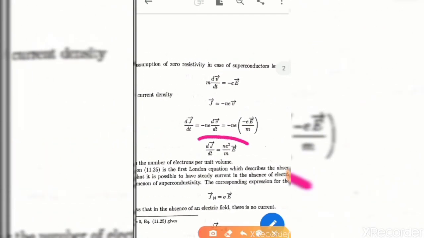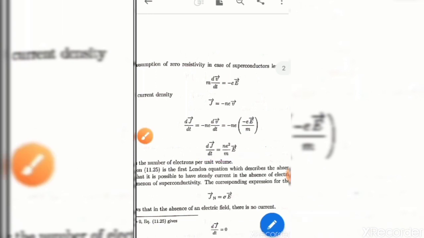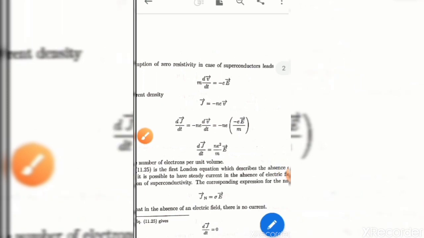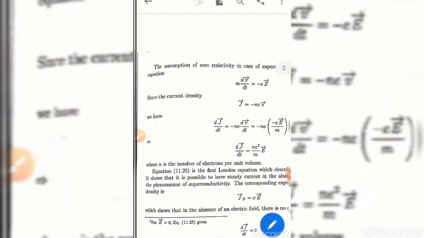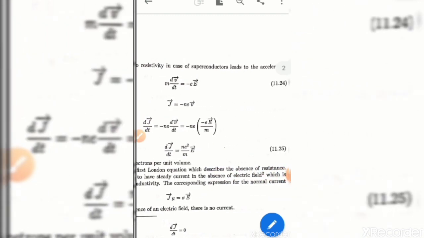This equation is known as the first London equation. It shows that it is possible to have a steady current in the absence of an electric field, because from this equation del J by del t is equal to some constant into the electric field.